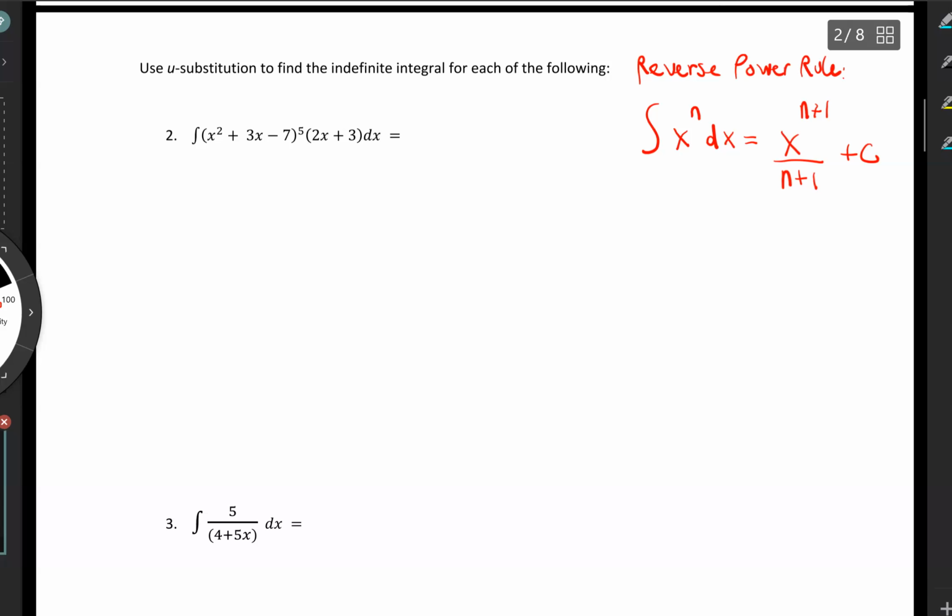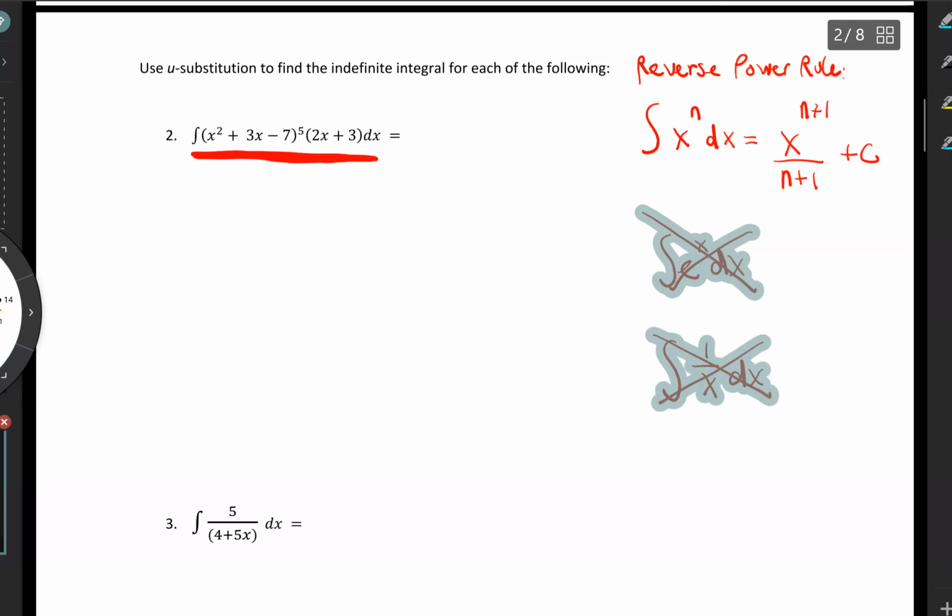Okay, we have our reverse power rule. It could be the e to the x rule. I mean, it can't be the e to the x rule because do you see an e anywhere in there? So it's not that one. And the other rule was the 1 over x dx. And I don't have any fractions, so it's not that one. So I have to be trying to match the reverse power rule. That's my goal here. So let's try to match that.